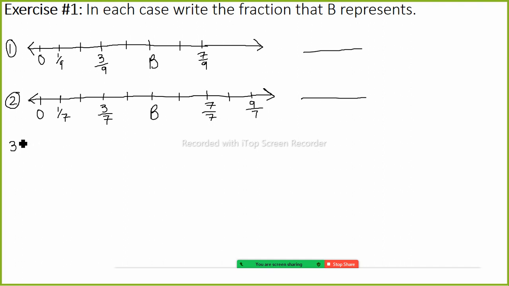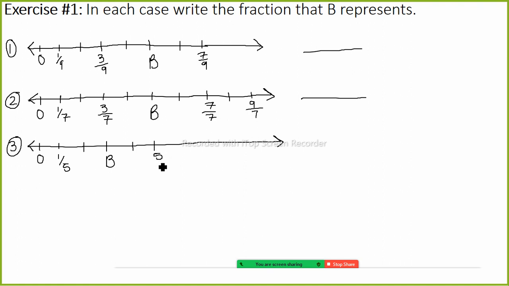Number 3. If I have 0, 1 over 5. This is B. We don't know what that is.